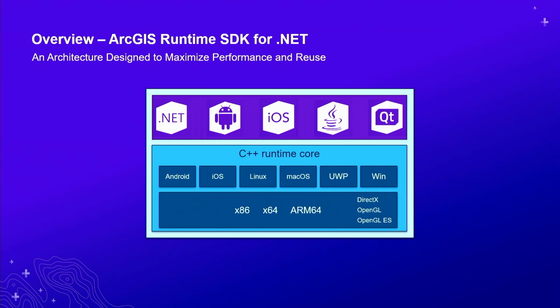We build ArcGIS Runtime functionality such as rendering, data access, analysis, layers, maps, symbols in a C++ library that we refer to as the Runtime Core. It's architected and built to support multiple architectures, so 32-bit or x86, 64-bit or x64, and also ARM64 as well.